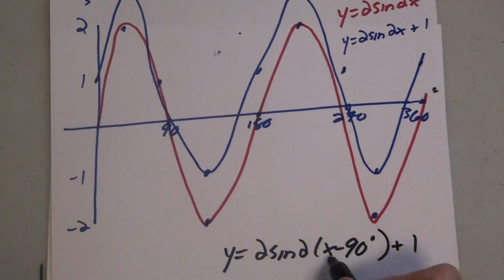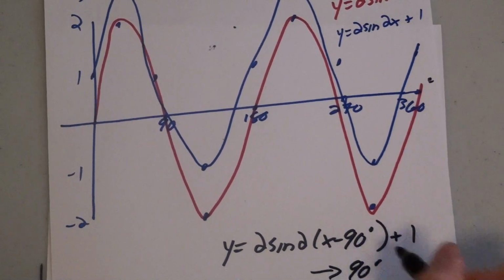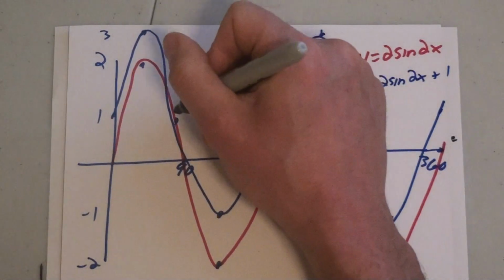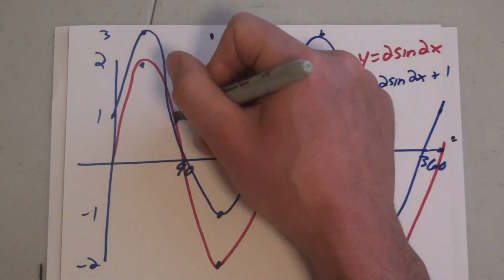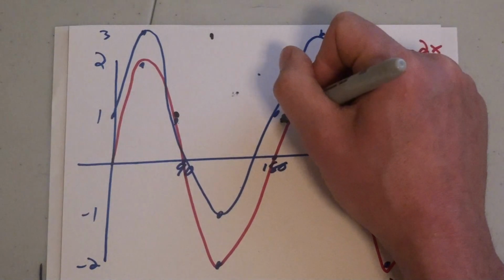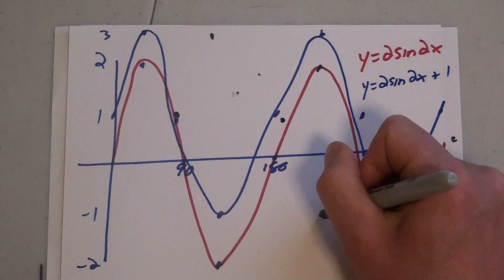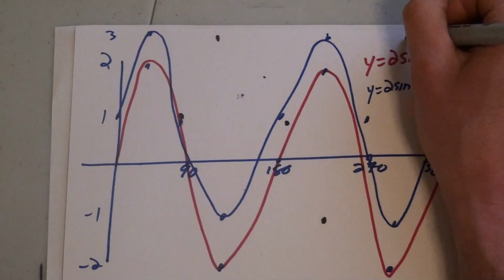Now the x minus 90 degrees, that is your phase shift. That's going to shift it to the right 90 degrees. So everything that was at 0 is now going to be at 90. Everything that was at 90 is now going to be at 180. Everything is going to shift over 90 degrees.